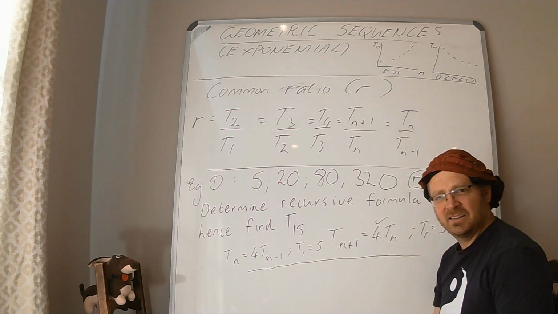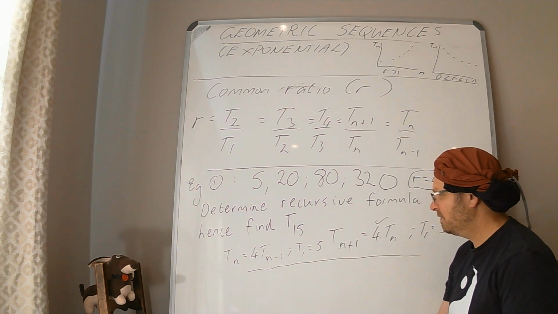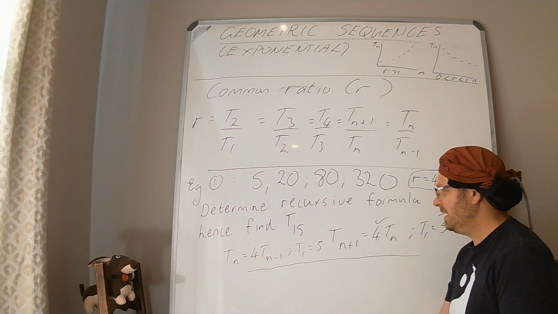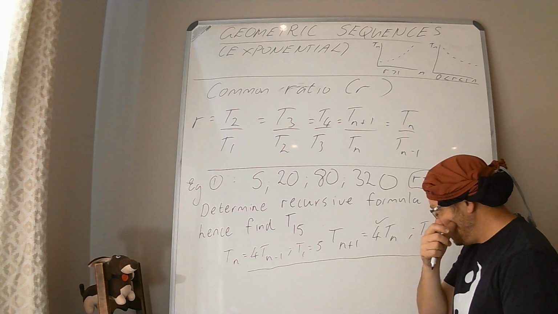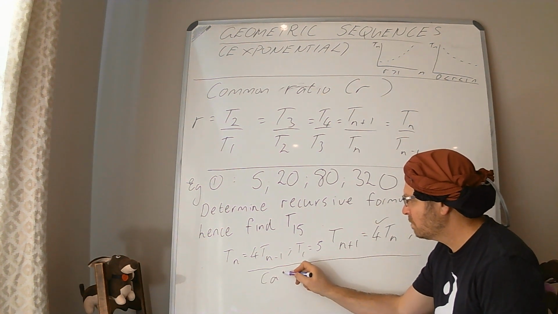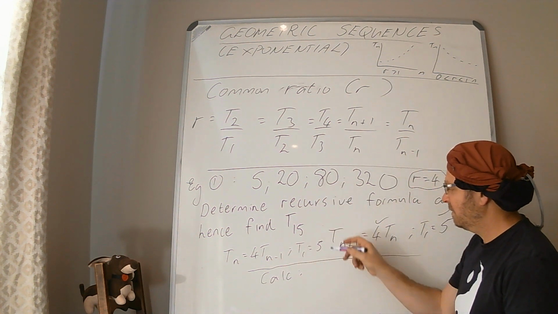The question then says go find the value of term 15. So what are you going to do on your calculator? You're going to put the value of the first term in.